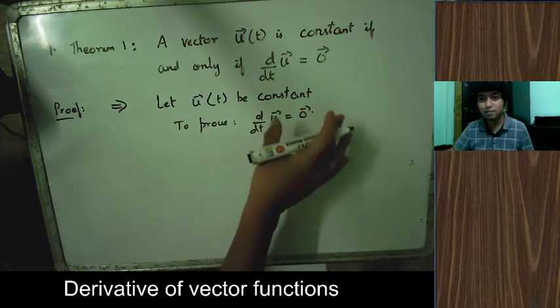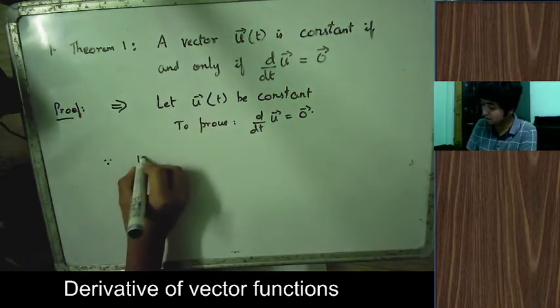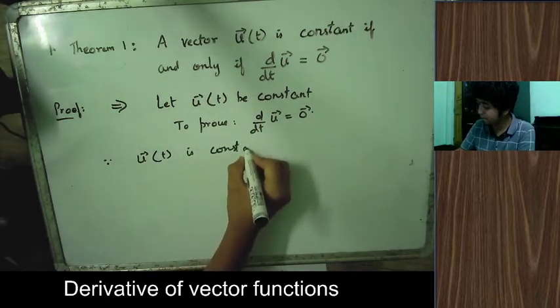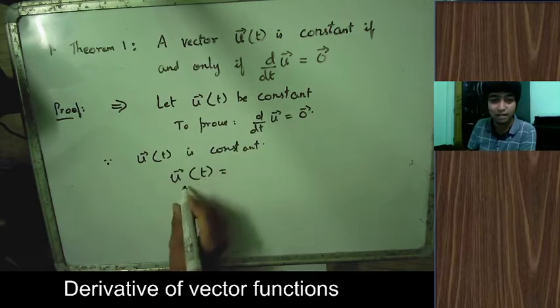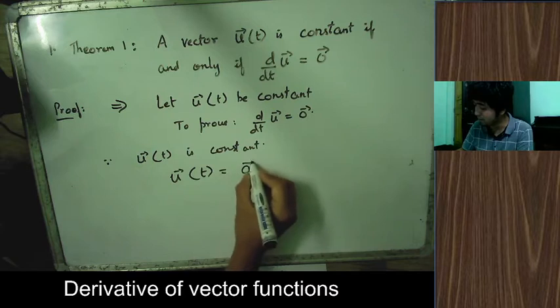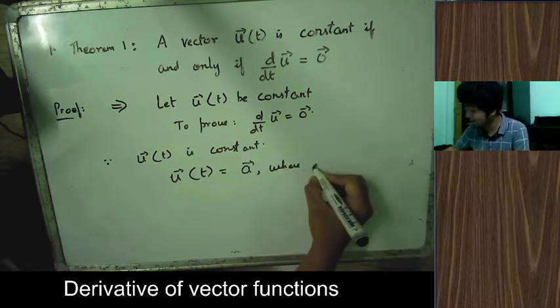Since u bar (t) is constant, this vector will no longer be dependent on t. So we can write it maybe as a bar, where a bar is constant.